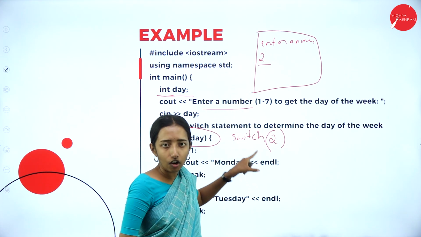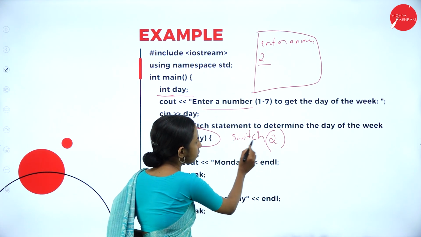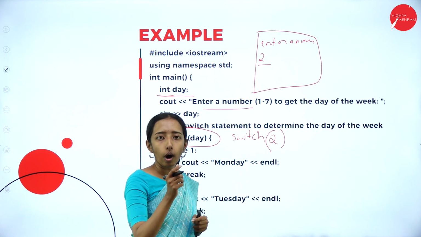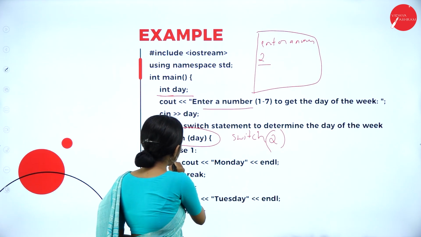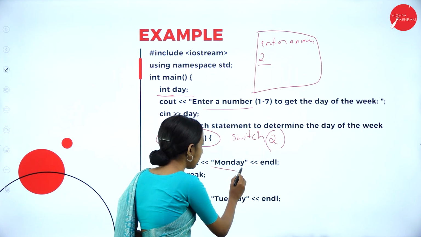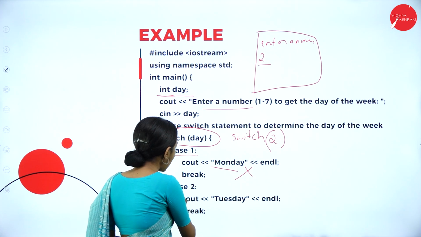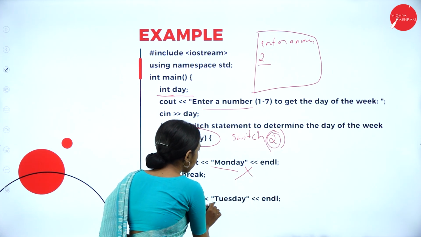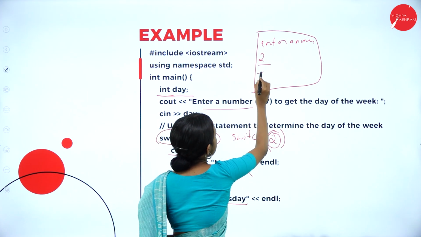As a user, I have given 2. So switch 2. Now the compiler will check the options. First it goes to case 1. Case 1 does not match, that is, Monday is not matched. Next we have case 2 and it will match, and it will give you the output Tuesday.